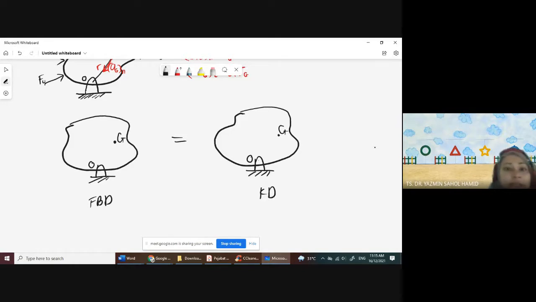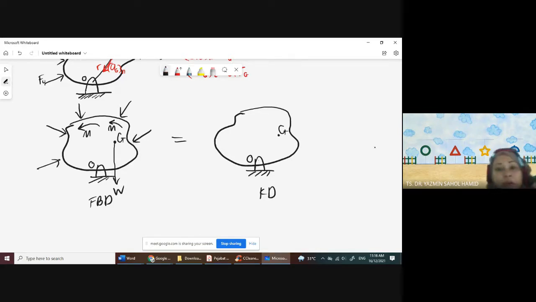At G is where we're going to have the weight, W. And then all these external forces, you have to consider, depending on how the question is. And of course, there are moments involved.